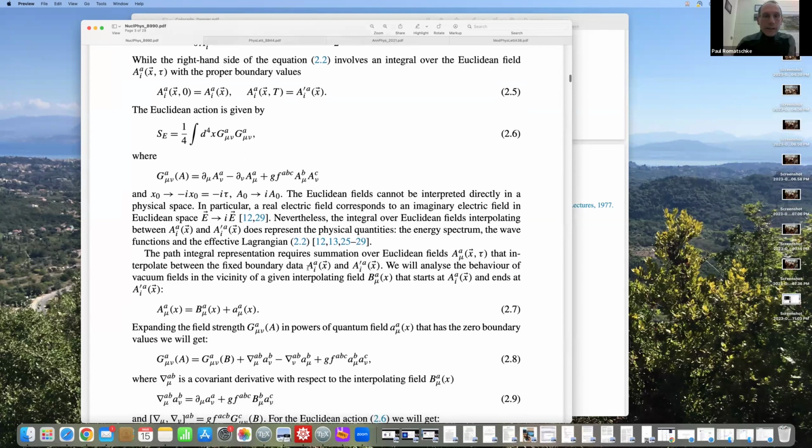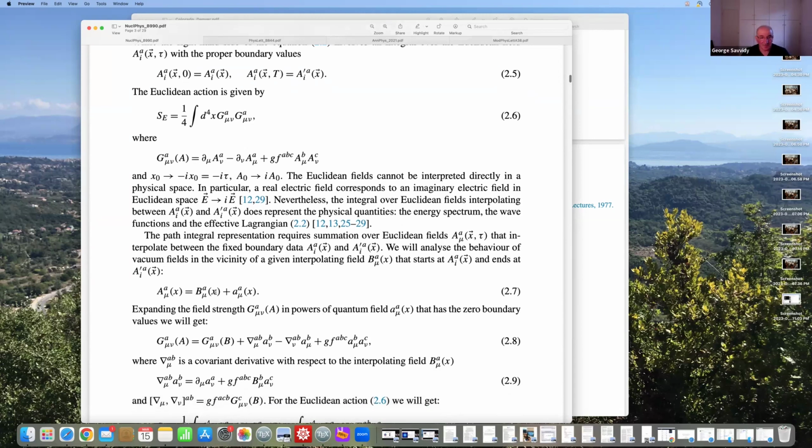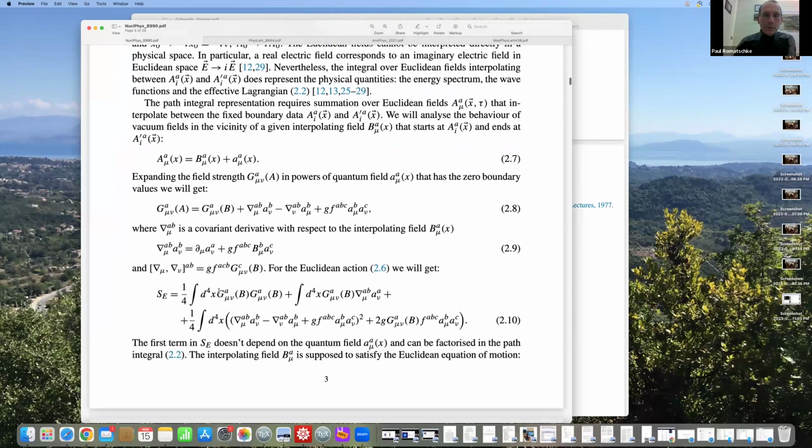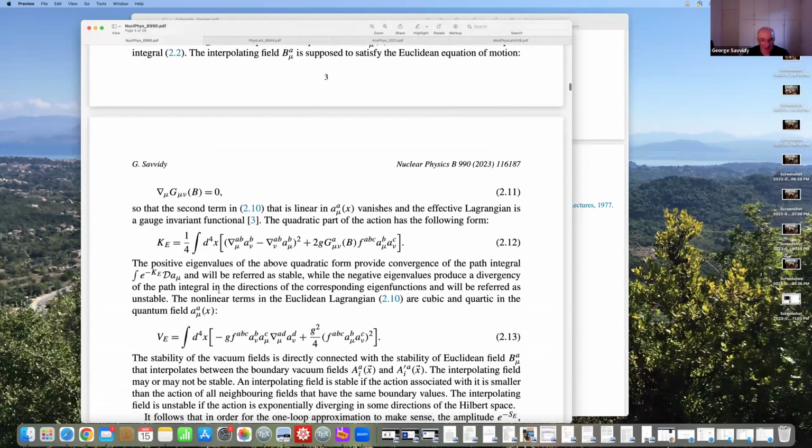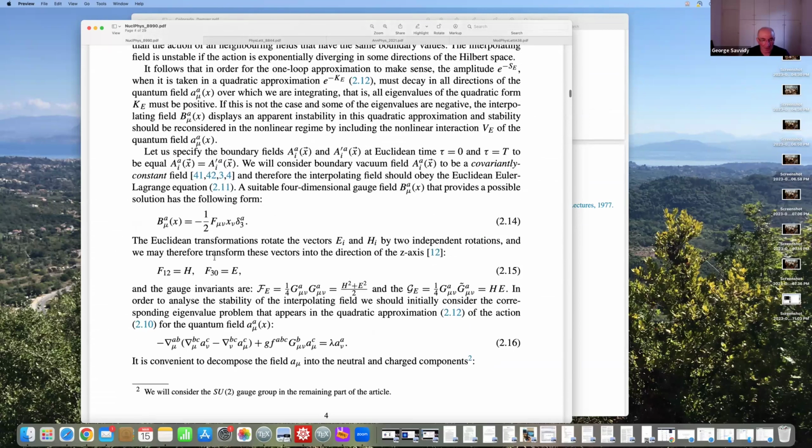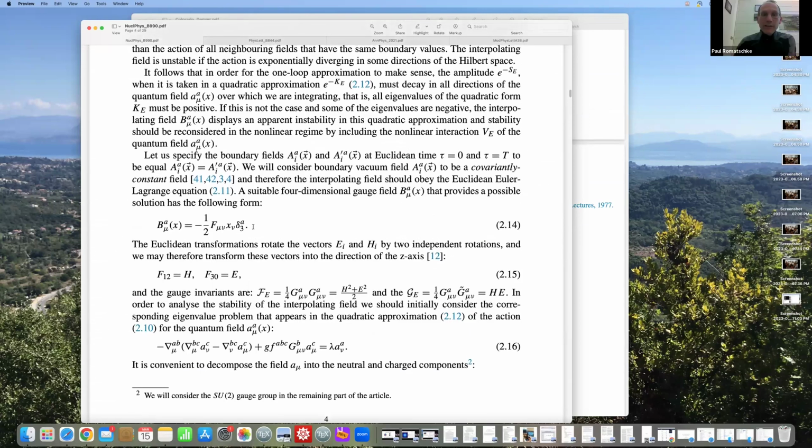So in your equation 2.7, you have this capital B, right? Yes. And somewhere later down, you write that B is equal to x mu times something. Yes, equation 2.14. Does that fulfill periodic boundary conditions?